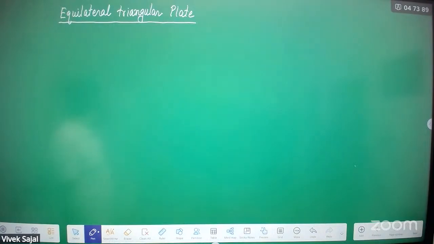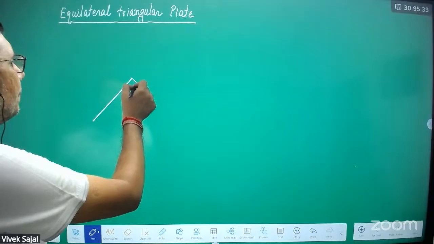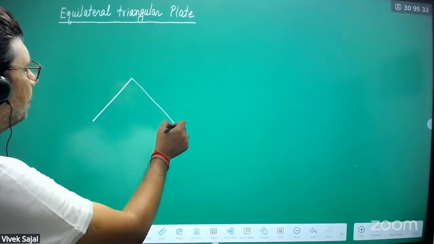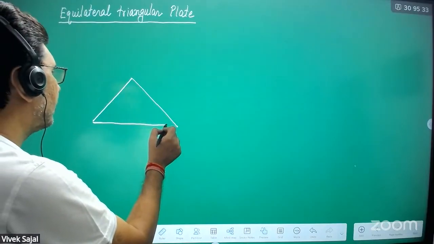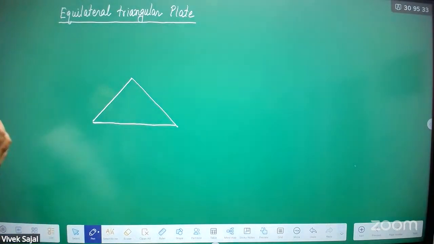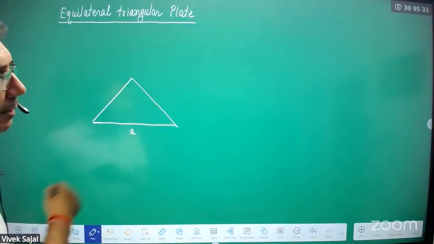Here, if you have an equilateral triangle plate, suppose its side is A. What is its side? Suppose A. Its mass you can consider as M. So you are going to have this type of plate. Equilateral triangular plate, side is A, and mass is M.